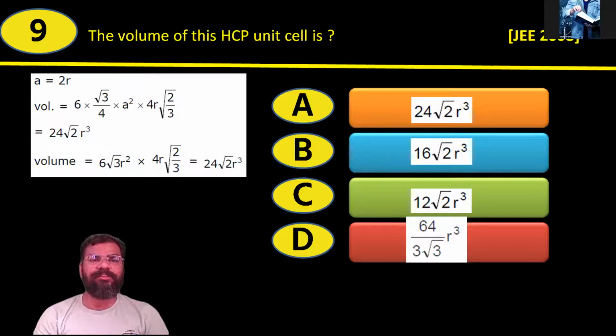So the volume is 6 root 3 r square multiplied by 4r root 2 upon 3. If you simplify this, you will get 24 root 2 r cube. So option A is the correct answer, 24 square root 2 r cube.